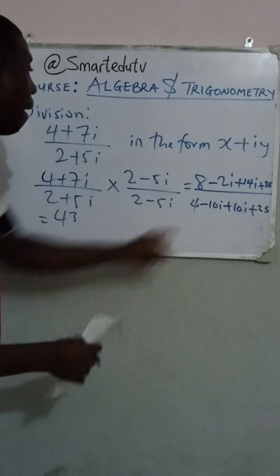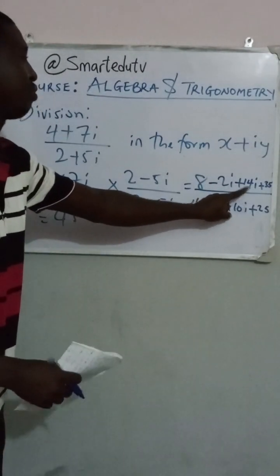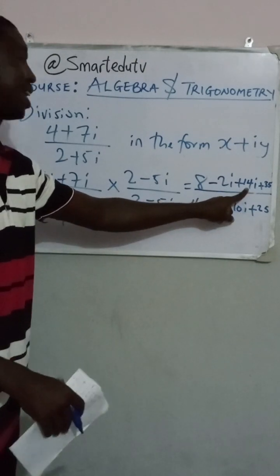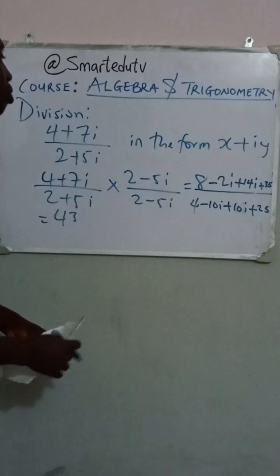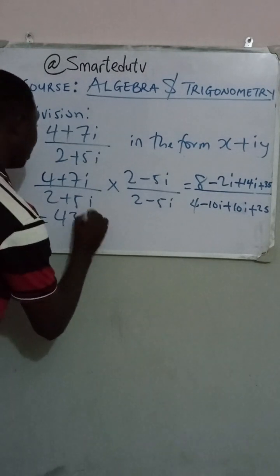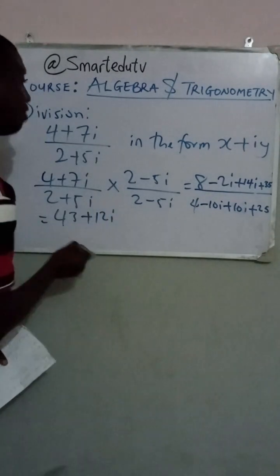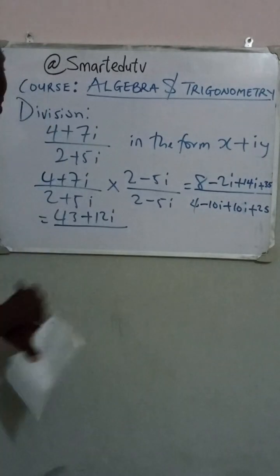Also, minus 20i plus 14i, at the end of the day, I'm going to be having minus 6i.